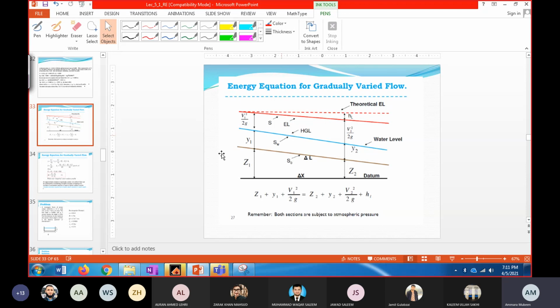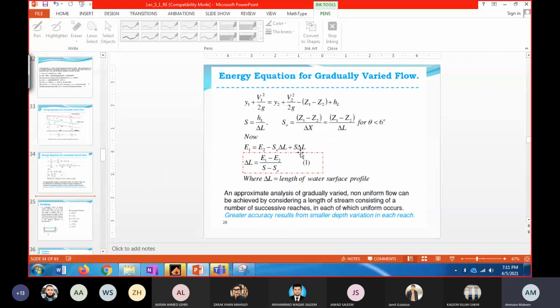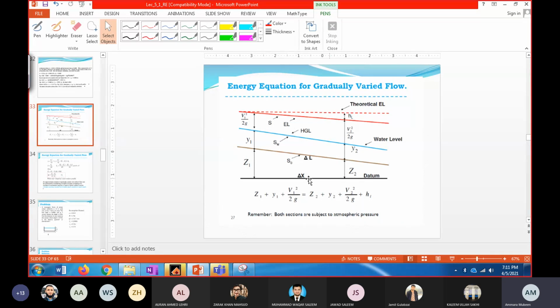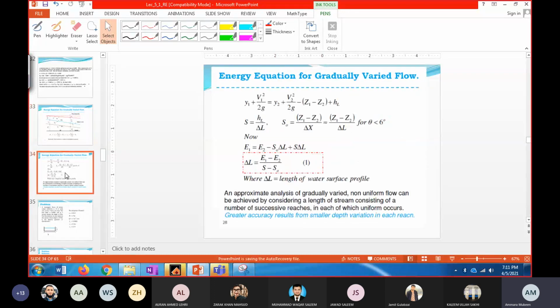In this case, delta z divided by delta x is the bed slope, and the slope of energy line is head loss per unit length.